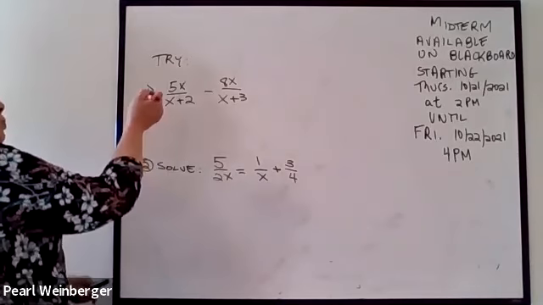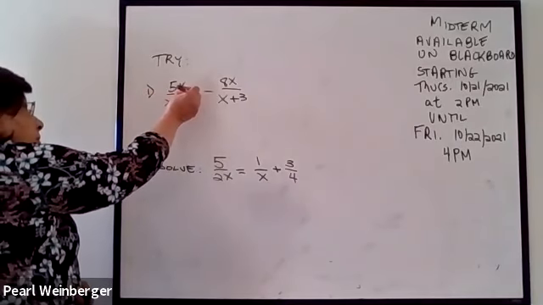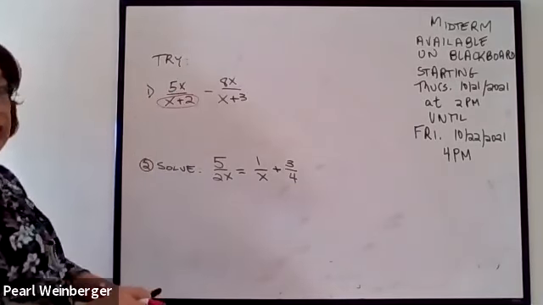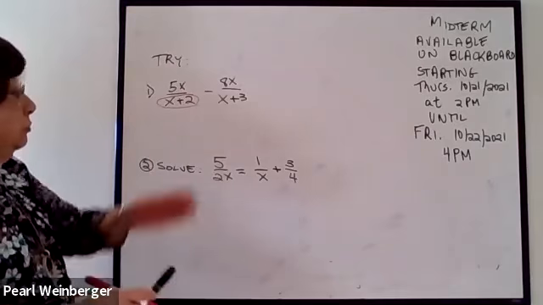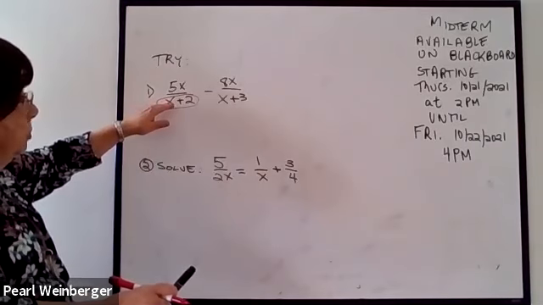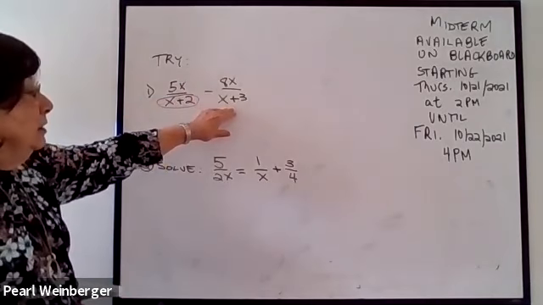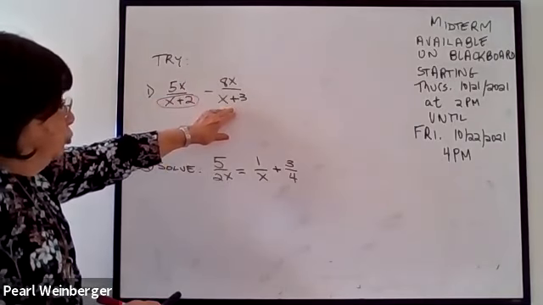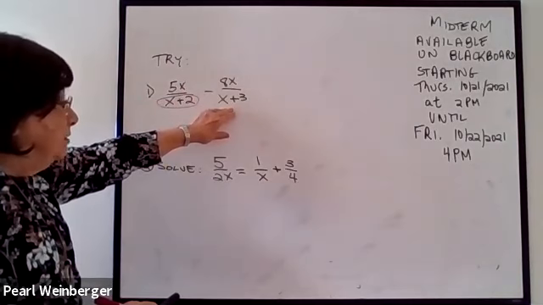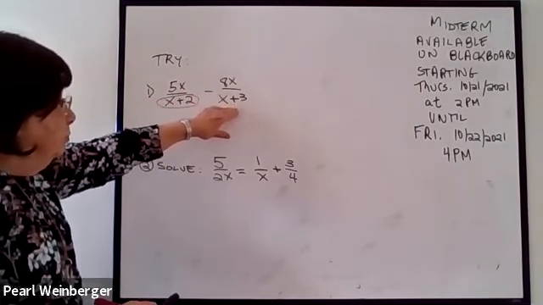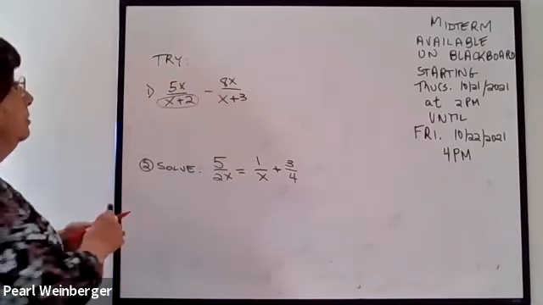And then we go to our first fraction, circle all the factors of that in that first fraction, which is just the x plus 2. Then go to your second fraction and circle anything that hasn't been circled before. Now, x plus 3 has not been circled before. The only thing that's been circled is x plus 2.